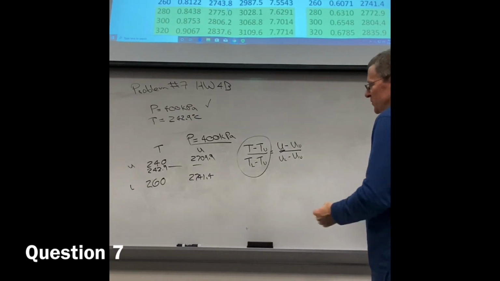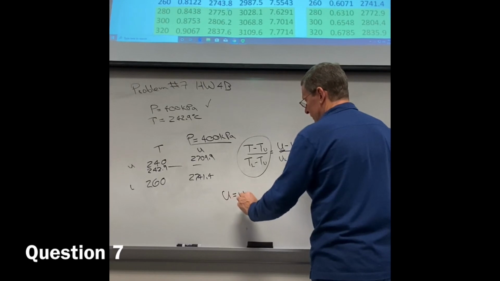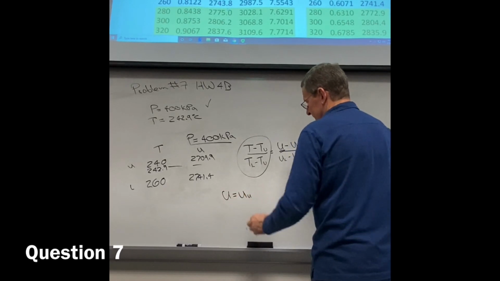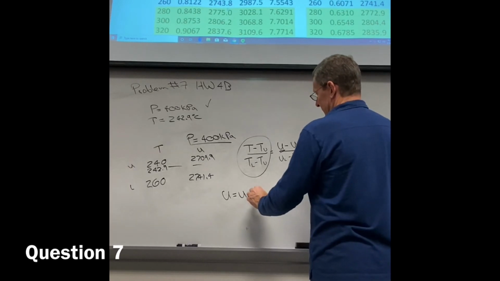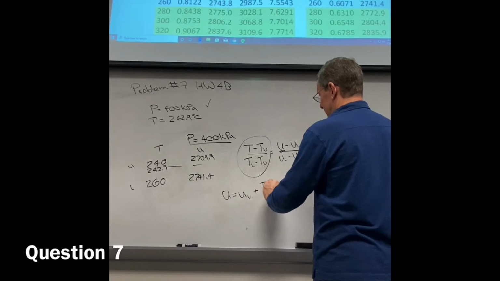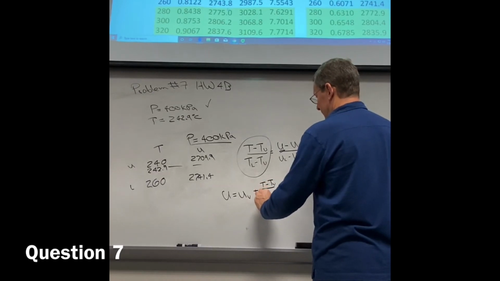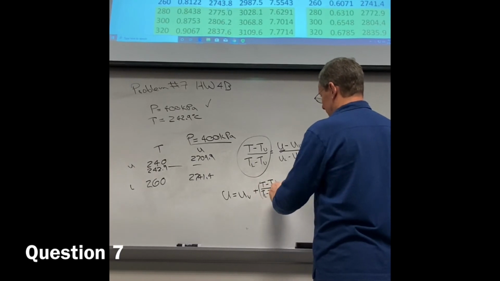So you could write that as U equals U of the upper value plus (T minus T upper) over (T lower minus T upper) times (U lower minus U upper).